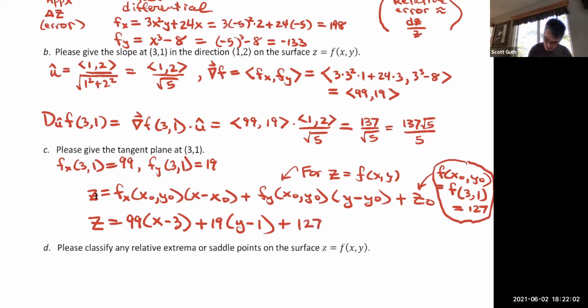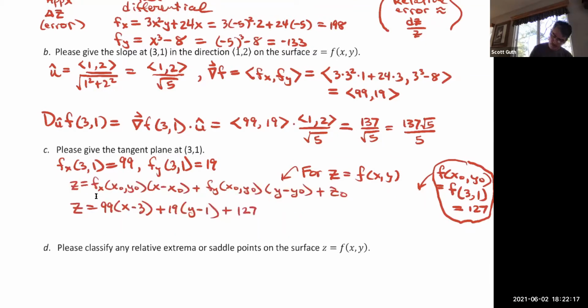Now I did simplify this a little. I'm going to make a little room for the simplified version here. When you simplify this, it's z equals 99x plus 19y, and I think it's minus 189. Can that be? Yeah, minus 189. Okay.